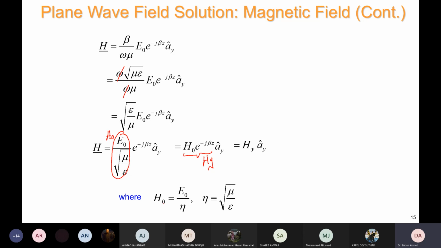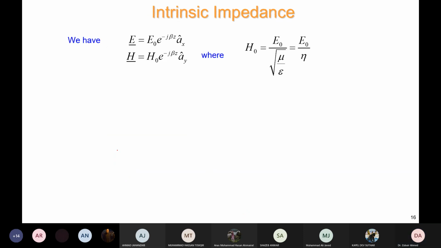H naught can be found from E naught by dividing it by a number we define as eta, which is by definition square root of mu over epsilon. We will see that it is called the intrinsic impedance. So if you divide E naught by this eta, you find the magnitude of the magnetic field.